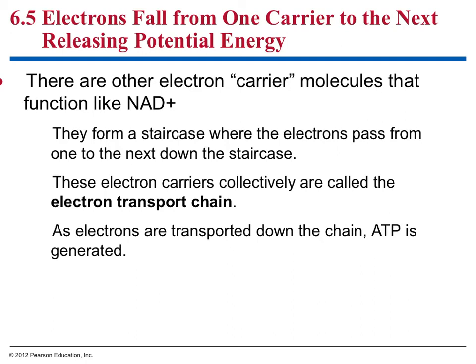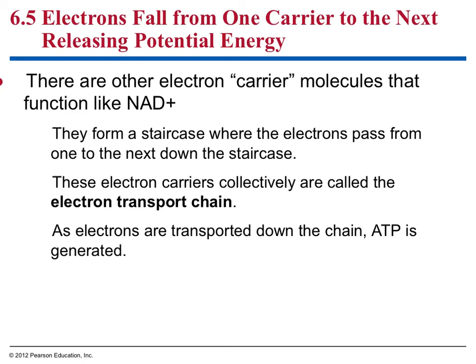These carrier molecules that function like NAD essentially act as individuals in a relay race, where one individual passes the baton on to another, and that person passes the baton on to another. These enzymes work very similarly. They form what scientists like to refer to as a staircase, and I'll show you a picture of that in a second. If you have a bunch of these electron carriers ready to receive electrons, they make this chain of transferring energy.